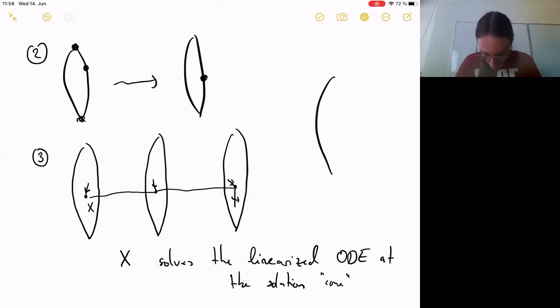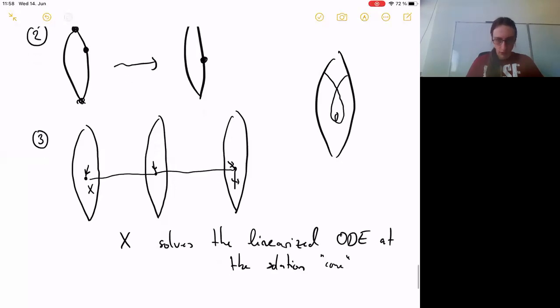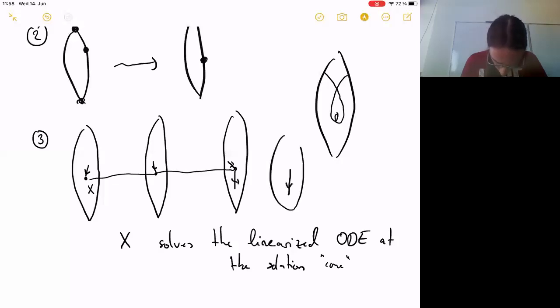Yeah, because if you want these to intersect, they have to go past the middle at the bottom. So they have to intersect by topological reasons. Yeah, so well, what do you do? You have this linearized ODE, you put in the solution which goes exactly downwards in the center, you solve it to the left, and you see what happens.